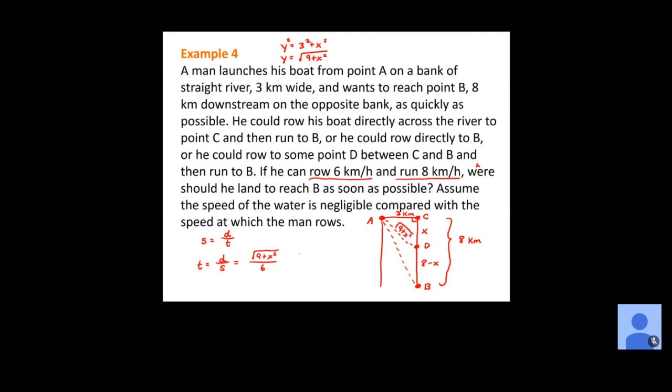Okay, good. It's going to be 8 minus x as his distance. The speed that he can run is 8 kilometers per hour, so that's his speed down there. And now we have the time it takes him to row and the time it takes him to run. And so if we add those two times together, that's going to give us his total time.